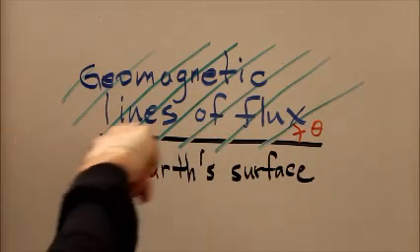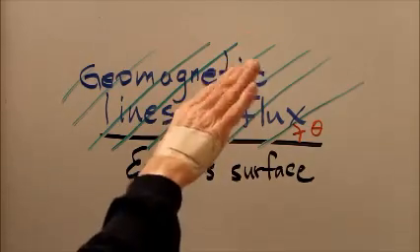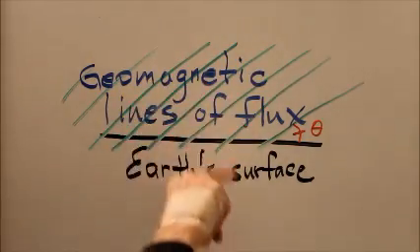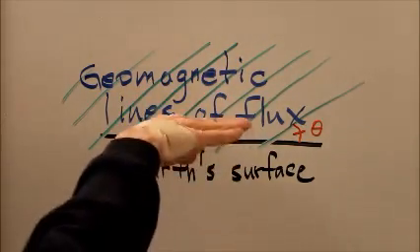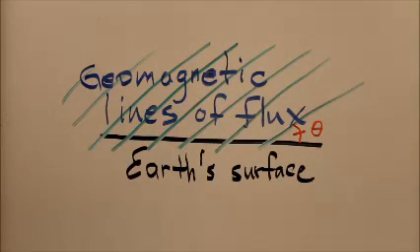Not only is the magnetic field of the Earth going to pull that needle towards geomagnetic north in a horizontal plane, but the fact that these lines of flux are slanted is going to cause that needle to dip. So what you're going to get is a little bit of an imbalance in that compass. You've probably noticed that kind of thing.